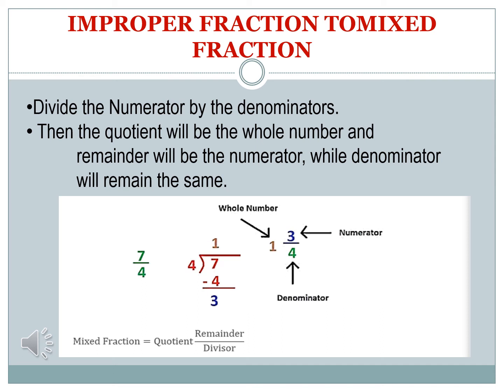Divide it as usual. Now the quotient will be the whole number. The quotient is 1 here. Write it as the whole number. The remainder becomes the numerator of the proper fraction, while the denominator remains the same, right? The divisor becomes the denominator. So this is how we get a mixed fraction 1 3/4.